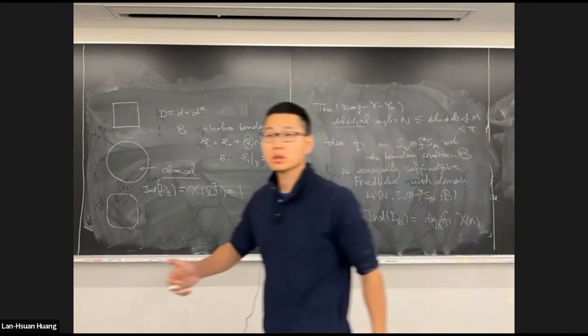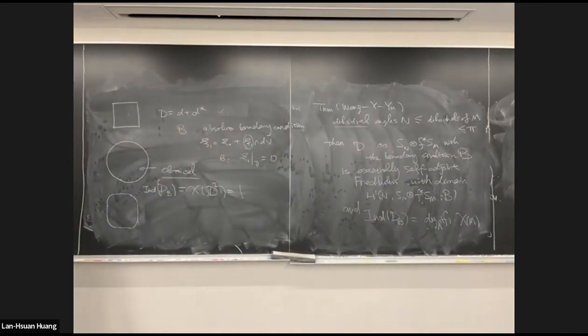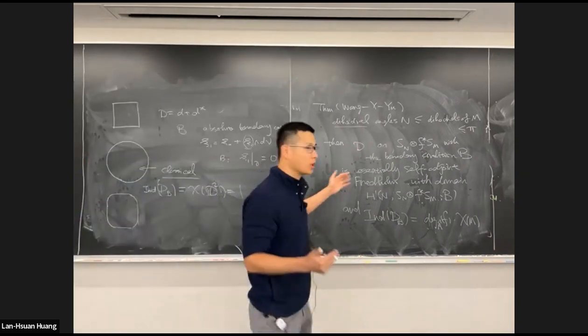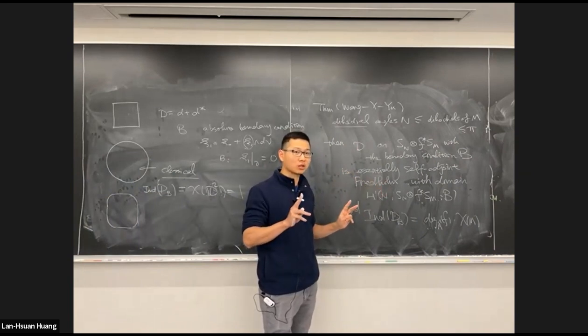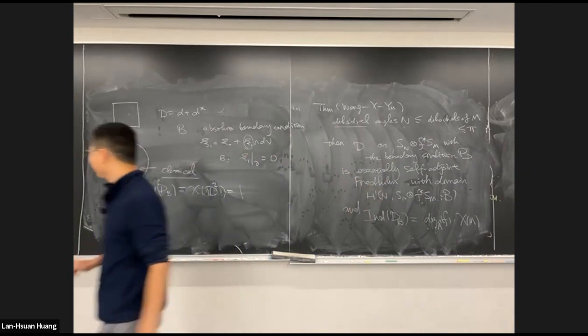Is it straightforward to show that the index is invariant here, because that's the difficulty. Yeah, we need to. The homotopy is one of the key steps, and to show why you can do the homotopy to make sense of this. Yeah, so two steps. Yes, exactly.